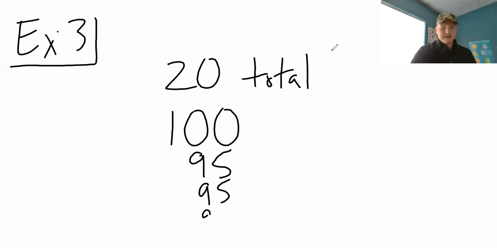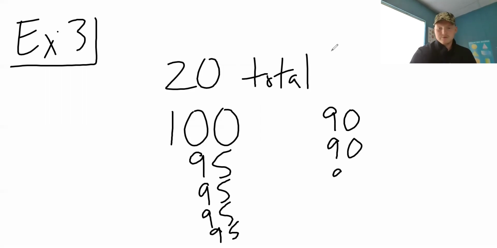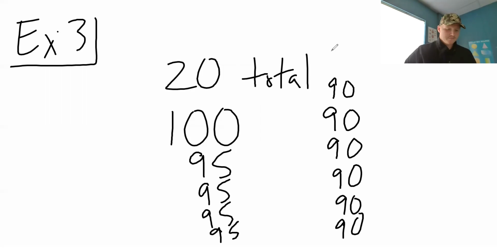So 95 4 times. On 6 tests, he scored 90. My goodness, he's crushing it. This is going to be massive. And then on 5 tests, he scored 80.